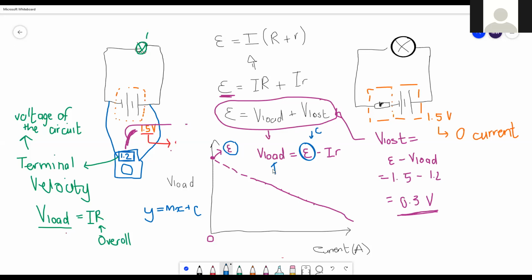This is our y value, the value we are trying to get. This over here is my x value, because that is your x-axis. And then this, the small r, and it's negative, is actually your slope. So in this case, your slope, Cal, I'm going to read your question just now, is equal to negative r. So a graph like this could actually tell us what the internal resistance of your system is.